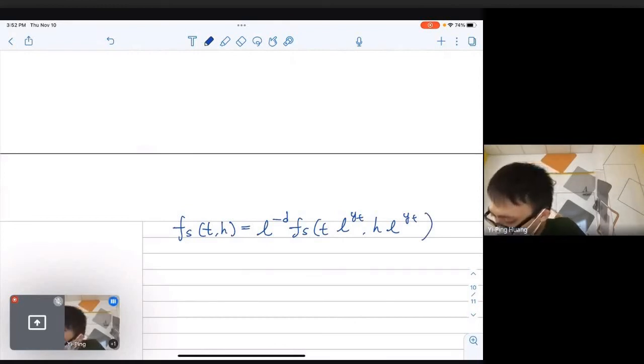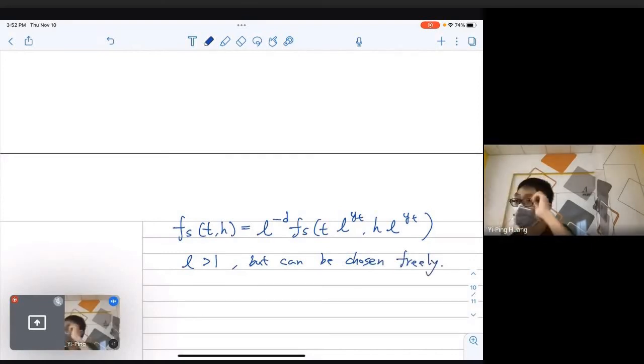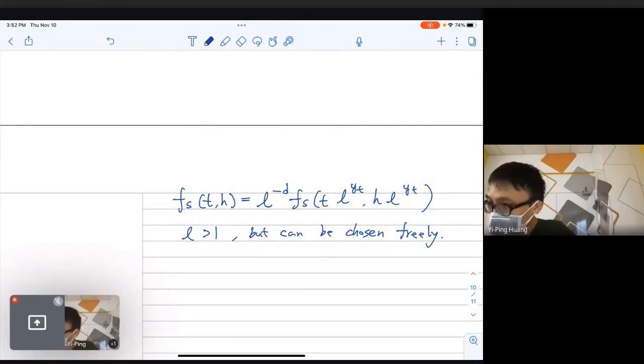And at this point, we should also remind ourselves that L is something that's greater than 1, but you can choose it freely. Okay, so you can coarse-grain your system using different L. And also, we know the absolute value of T is quite small when we are studying critical phenomena.